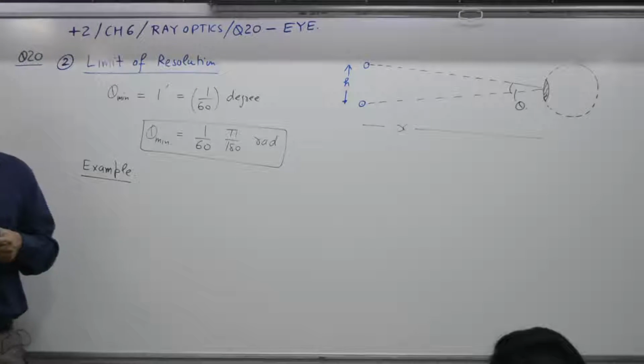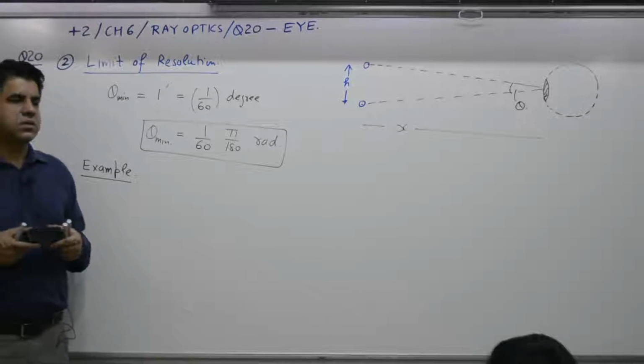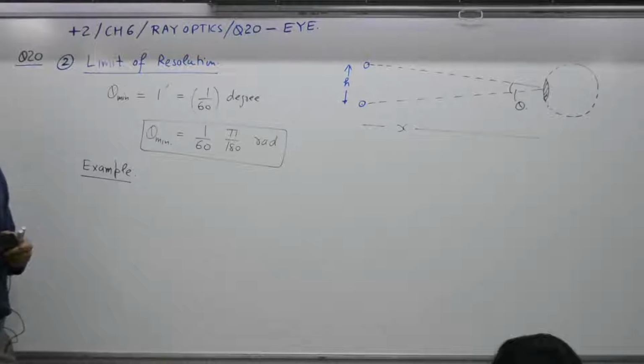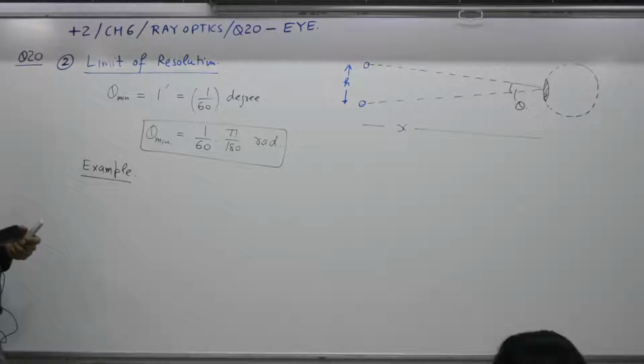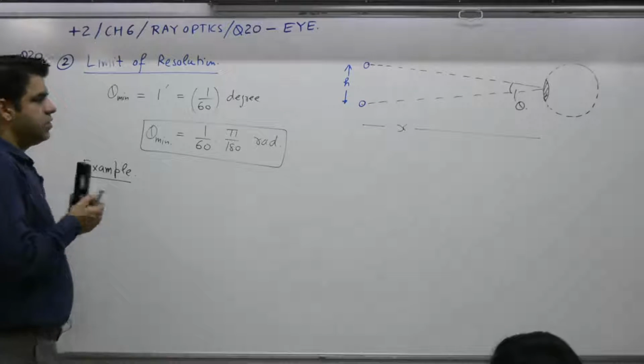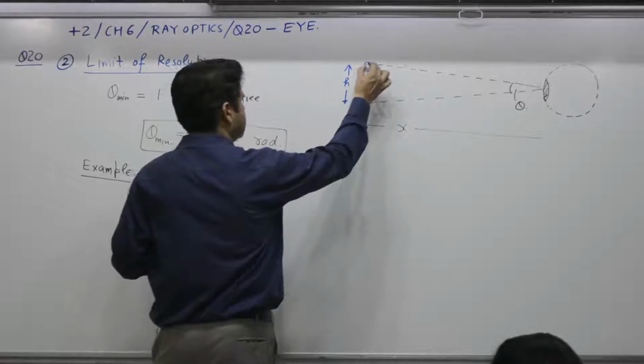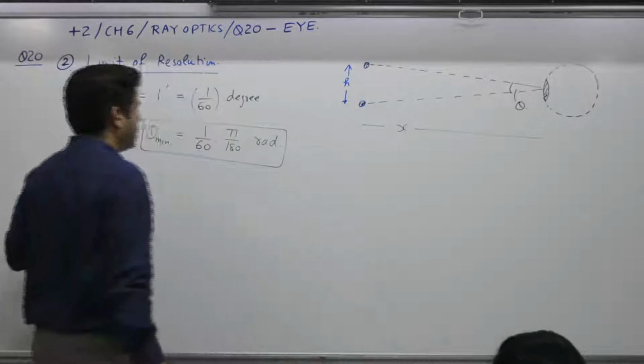Full stop. What should be the distance between the two objects to be resolved, so that the objects can be resolved as separate objects?